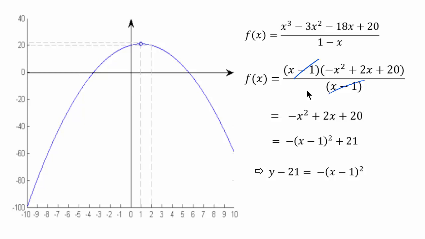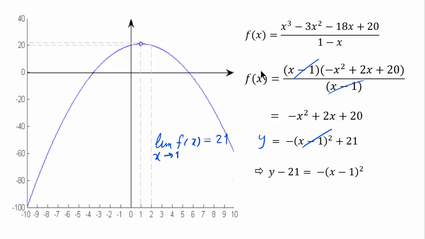So it becomes negative x squared plus 2x plus 20. And by completing it to a perfect square, it becomes this. And here at this point, we can calculate the limit of the function as x approaches 1 by putting x equals 1 here, which gives y equals 21.